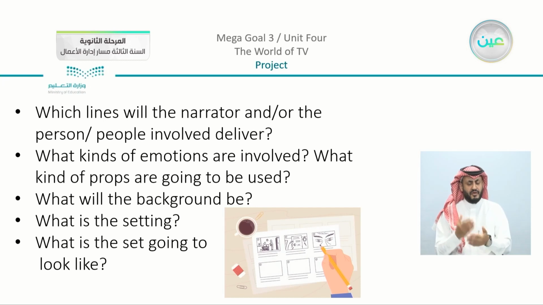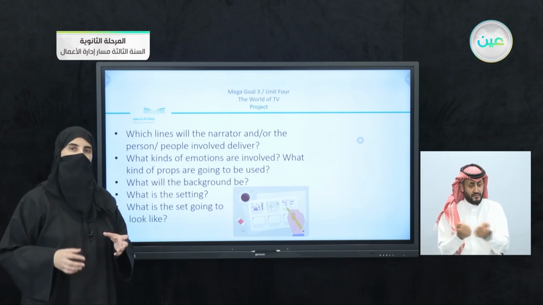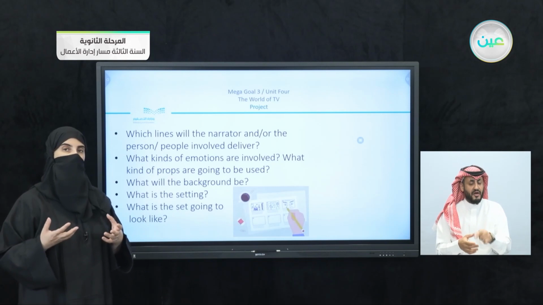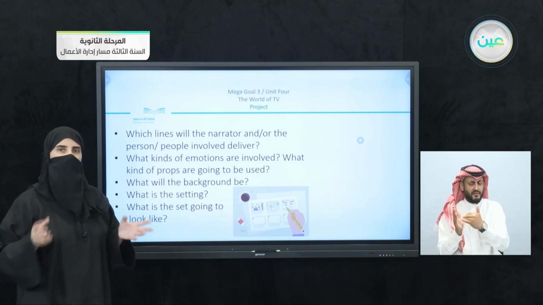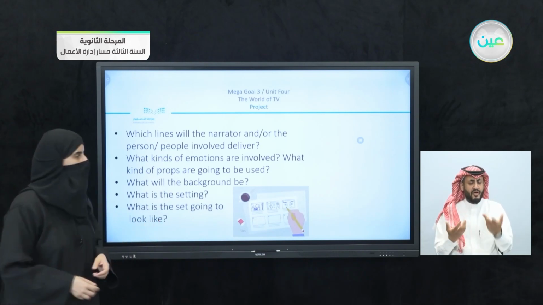What will the background be and what is the setting? What is the set going to look like? Now, all of these questions you are going to discuss together as a team because you are going to produce. Now, we said that we are going to be producers. So these are important parts that any producer has to put in mind and you are going to work on them together.